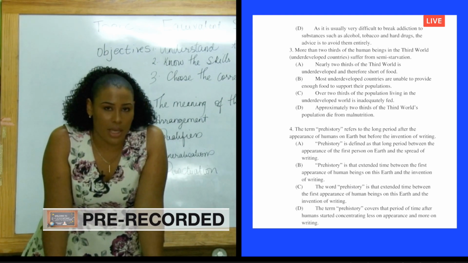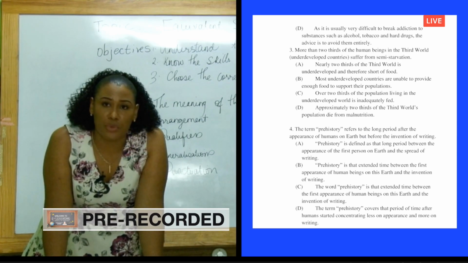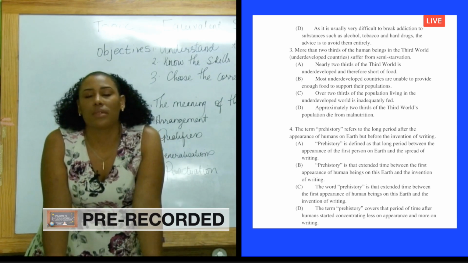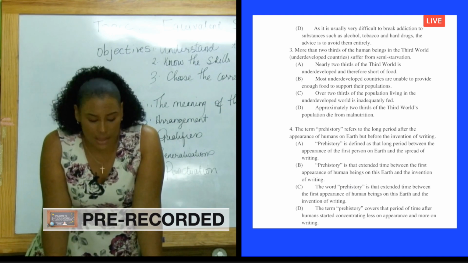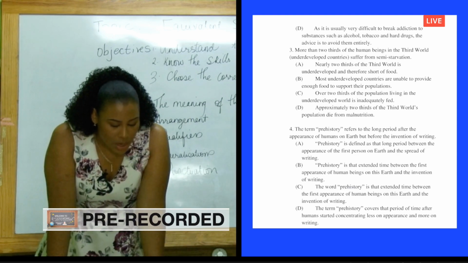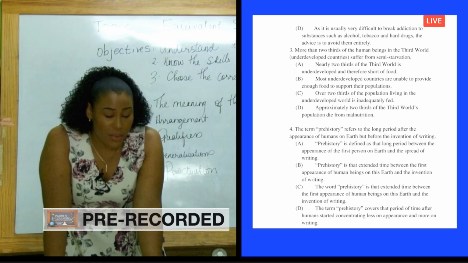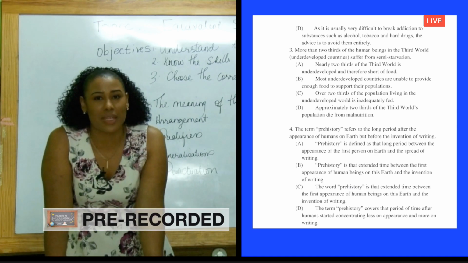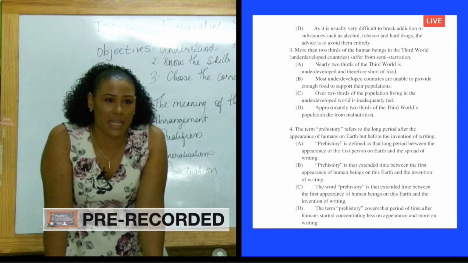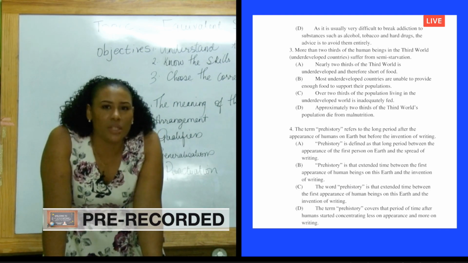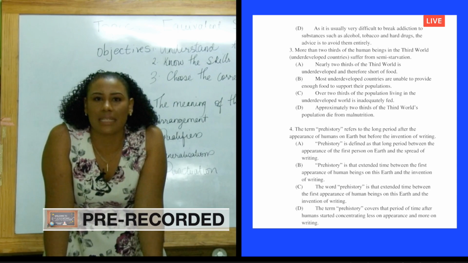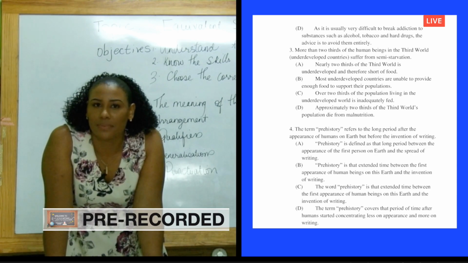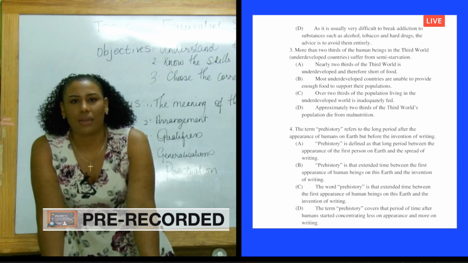It does not suggest total starvation, but rather a partial inaccessibility of food, which we can see is equivalent to the word inadequately. D, approximately 2/3 of the world population dies from malnutrition. This is a gross exaggeration of what is being said in the original. So the most viable option is C.